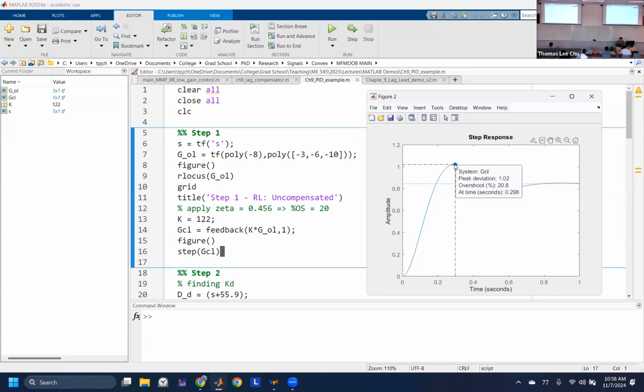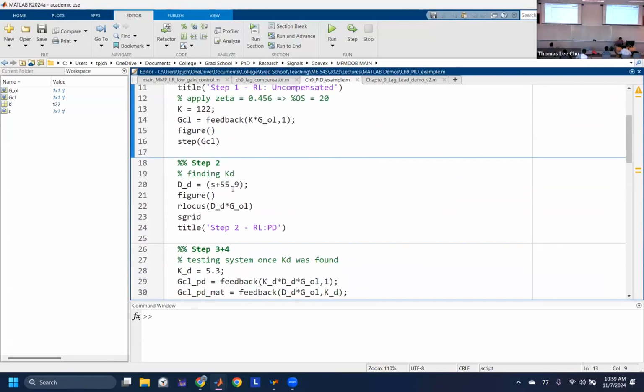We said it was 0.296. It's actually 0.298. Makes sense because the third pole is decaying fast, but not too fast. So it's making the peak time a little slower. That's fine. And then we added our pole, which I think was at 50. Did I write 55.4? It shows 55.9.